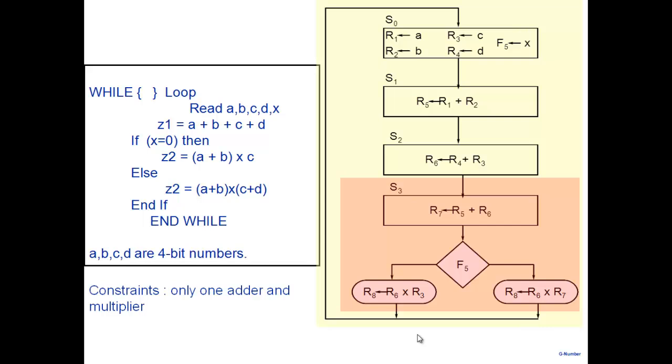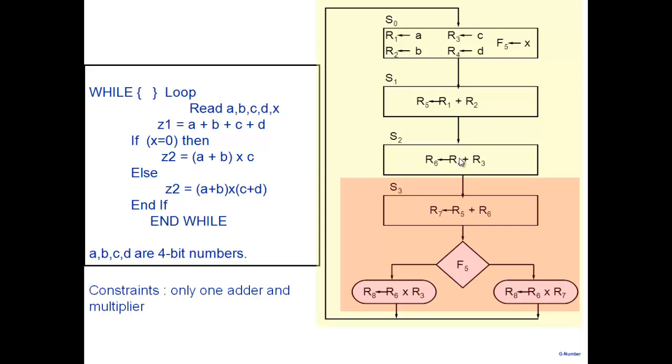Then in the same state, this is one single state, I'm testing F5. If F5 is, let's say, 0, I'm doing one kind of operation. If F5 is 1, I'm doing another kind of operation. So basically doing A plus B into C. So this is A plus B, R6.